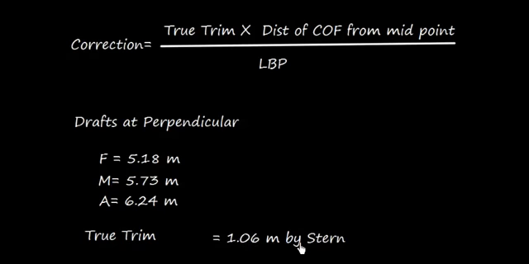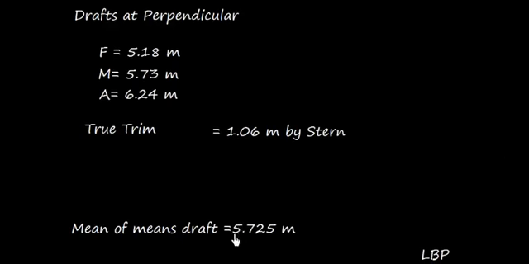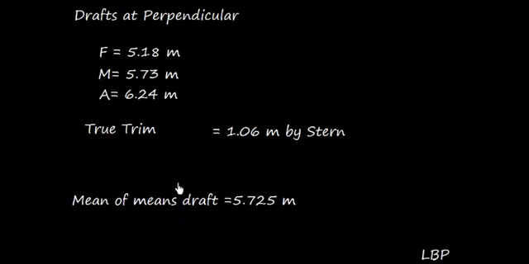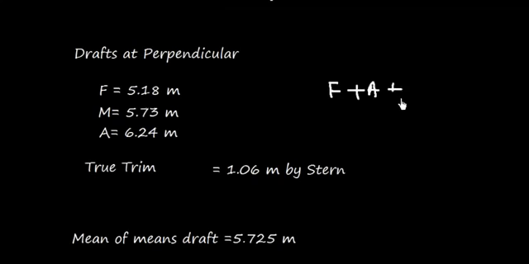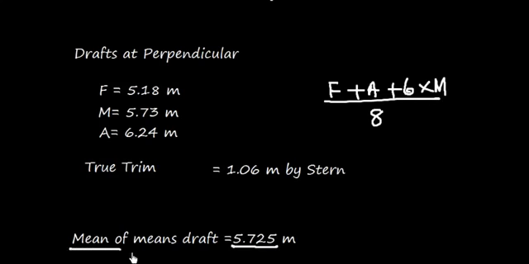So this is 1.06 meter by the stern. Now, the mean of means draft, which we had taken as F plus A plus 6 into midship draft divided by 8, gives us this draft, 5.725. Actually, this draft is almost close to the draft at mid length.